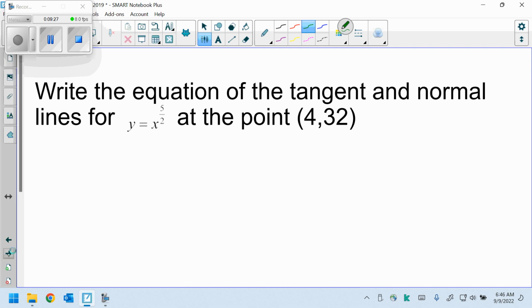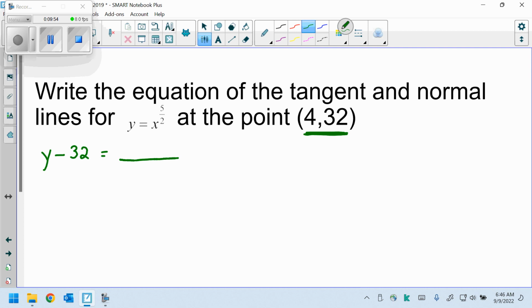Now let's write this in point-slope form. Point-slope form, here's the point, 4, 32. And in point-slope form, what I'm going to write is y minus whatever the y value of that point is. So y minus 32.